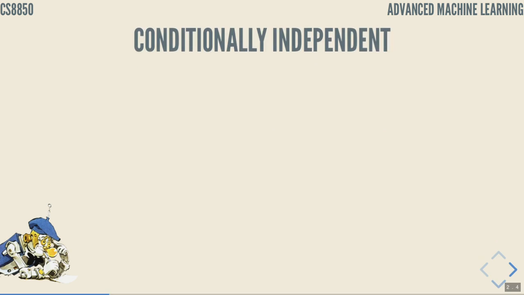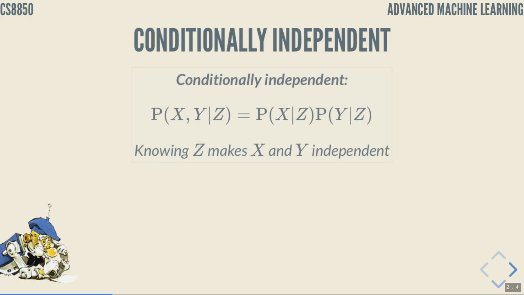Some more interesting points is conditional independence. When we talk about pure independence, it's whatever the variables we observe. But when we talk about conditional independence, we're talking about the joint probability of x and y conditioned on z, and whether it factors into the conditional distribution of x given z and the conditional distribution of y given z.